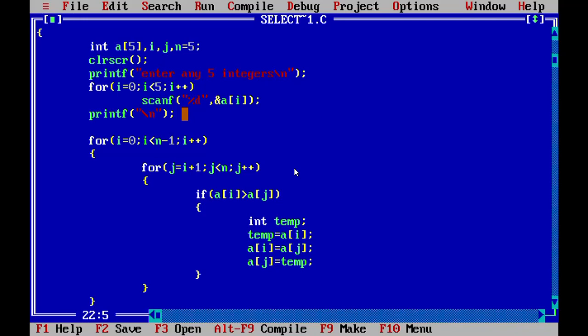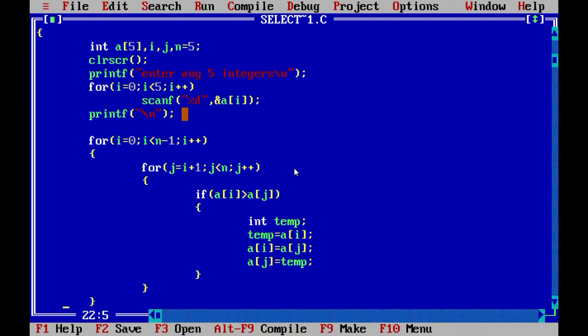Now again I am comparing it with a of j, which is initially i plus 1. When i is 1, j will be 2. So I compare a of 1 with a of 2. If swapping is required, I will do it. Then j plus plus. So a of 1 with a of 3, a of 1 with a of 4, a of 1 with a of 5, a of 1 with a of 6, the last element.